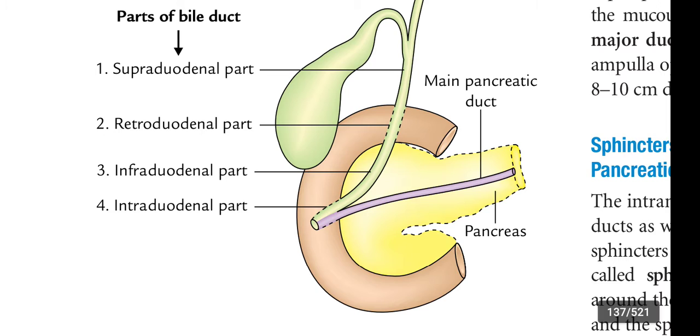Supra means superior, infra means inferior to the duodenum, and intra means inside. First part is superior, second part is retro, that means on the back side. Infra means inferior to the duodenum, and intra means it is the inside part of the duodenum. These are the 4 parts of the bile duct.